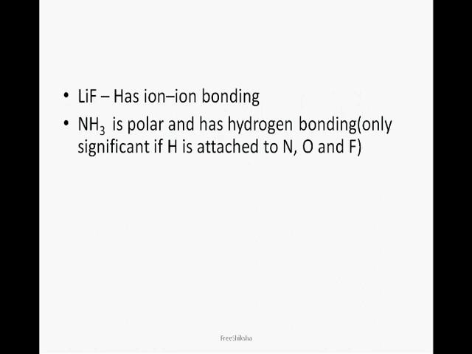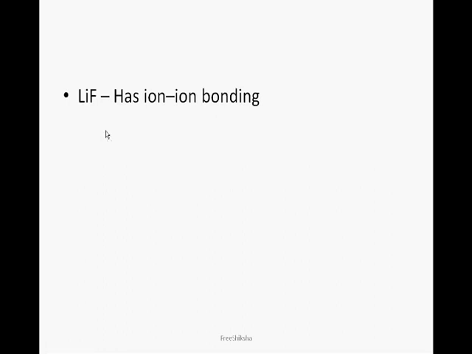Now the second point which is significant is that nitrogen is attached to H3, and this compound is going to be a very polar compound, because as we told earlier, hydrogen bonding exists when nitrogen, oxygen and fluorine are close by. Because this compound is polar, there will be a partial positive charge on hydrogen and a partial negative charge on nitrogen, and hence hydrogen bonding will exist.